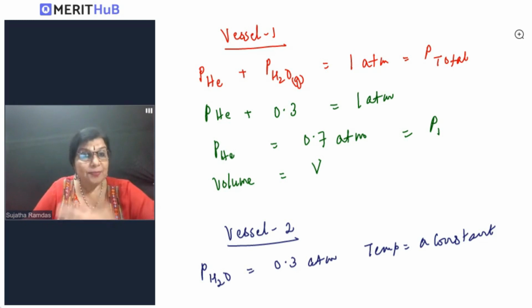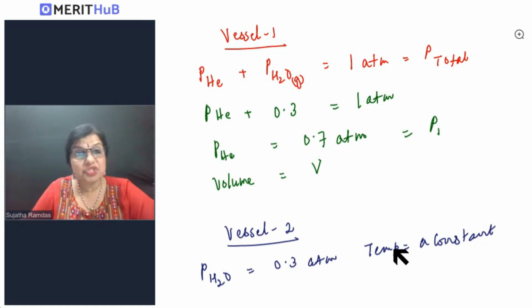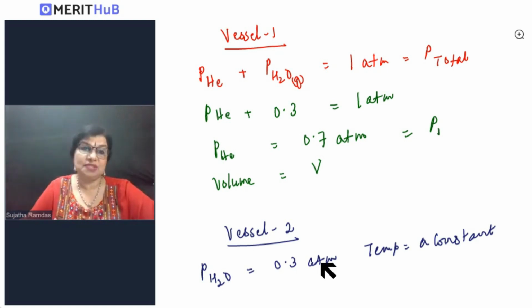Obviously, as temperature increases, more and more molecules of water from the liquid state will enter into the vapor state and the vapor pressure will increase. So as temperature increases, the kinetic energy of the molecules increases, and finally the partial pressure or the vapor pressure will increase. But if temperature is maintained a constant, the partial pressure of water vapor will remain as 0.3 atmospheres.